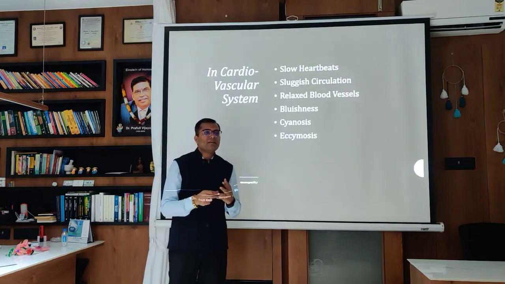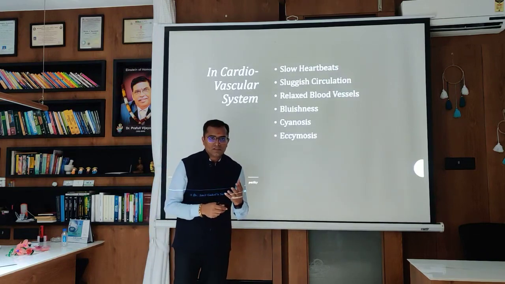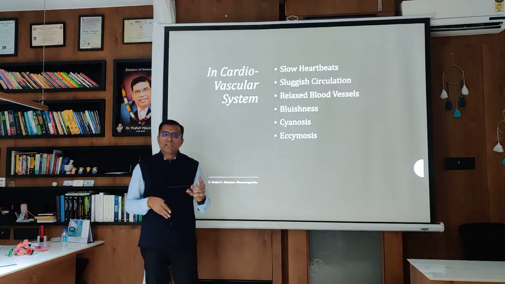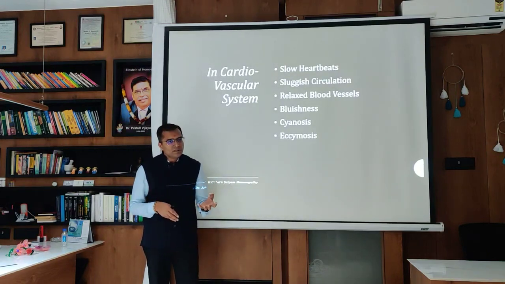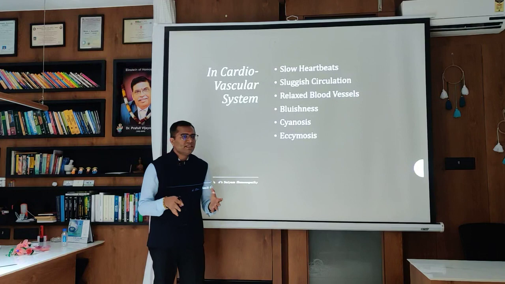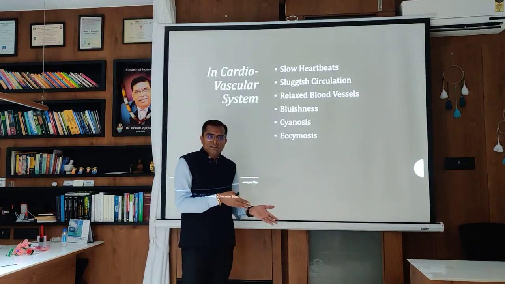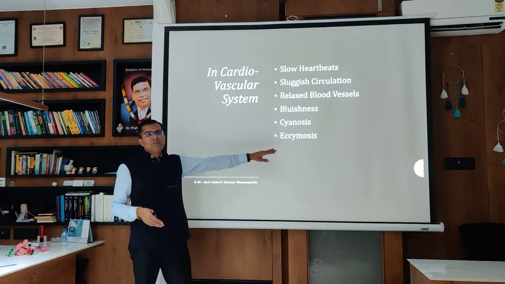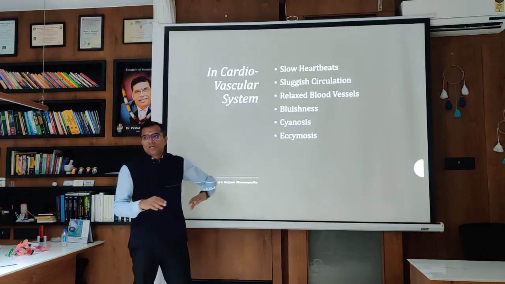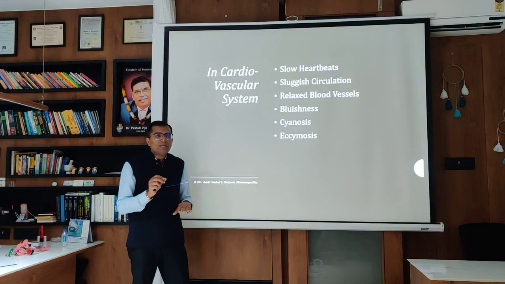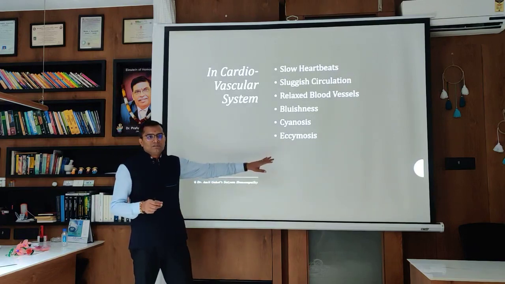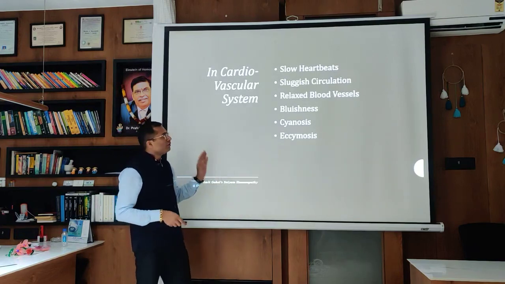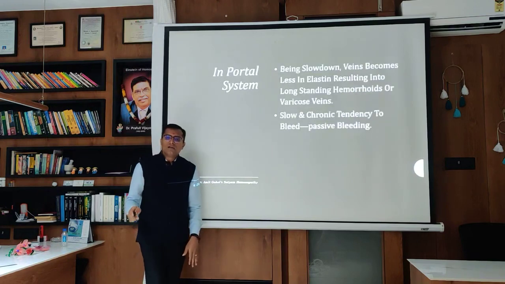The peripheral parts get more carbon dioxide. That more carbon dioxide leads to bluishness of the part, that bluishness and cyanosis because of lack of oxygenation, and finally leads to accumulation at the subcutaneous tissues, and it produces capillary bleeds and ecchymosis. So this is what you have to understand at the cardiovascular level.